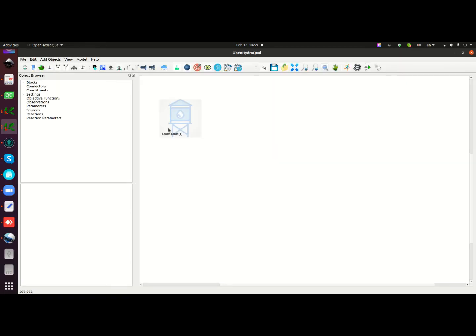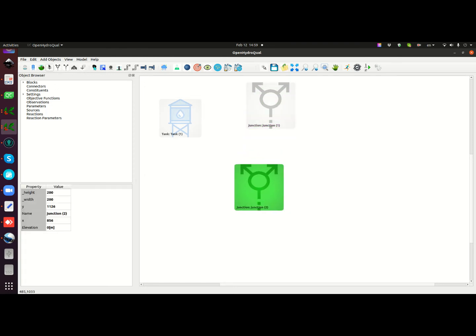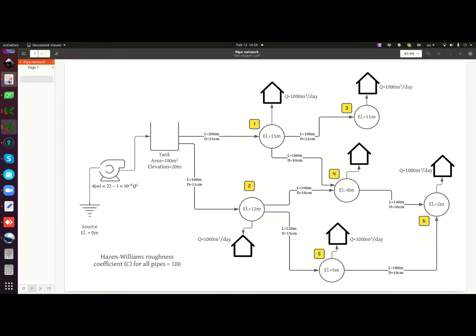Okay, so now let's start adding the nodes. I'm going to use this rigid junction. I need six of them, and I'm going to order them based on the way it is in the diagram. So let me make sure. We have two here, then we have three, and then we have one right there.